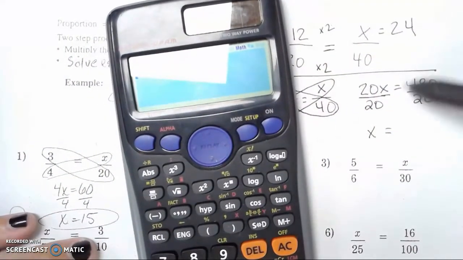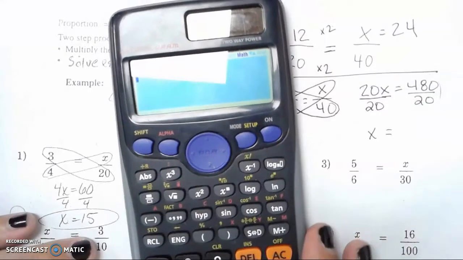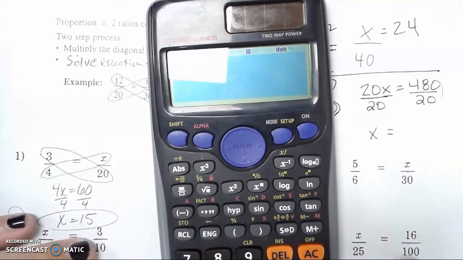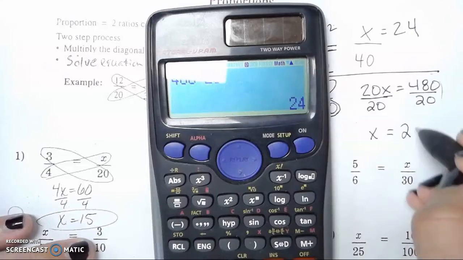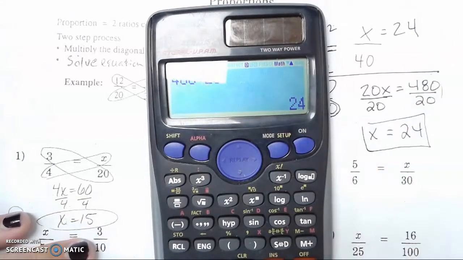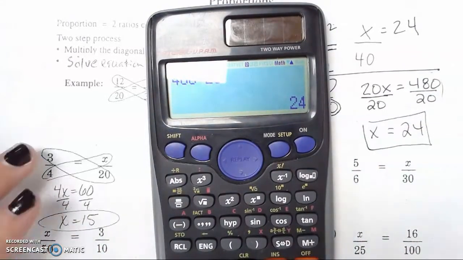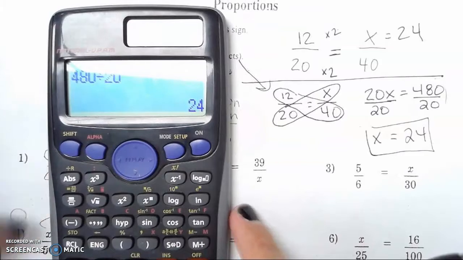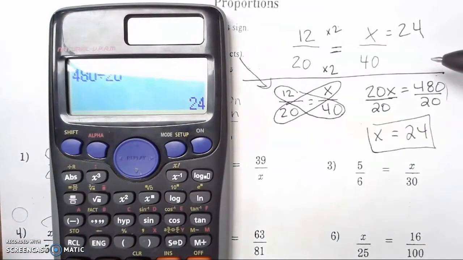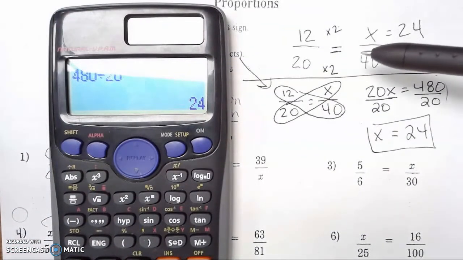And then this is the work that I have to do right here. So 480 divided by 20. And that gives us that 24 again, just like we did up above in that first problem. Okay. So which way was the fastest? Obviously the first way was.